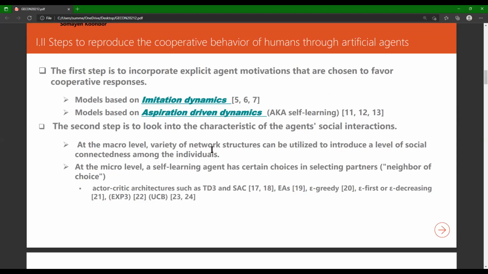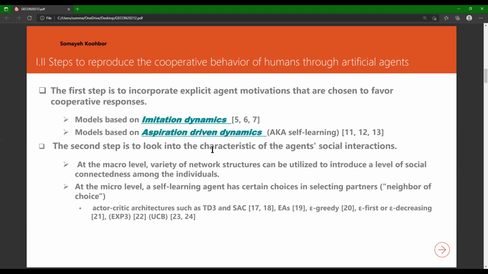But when we look at the literature, we see that there are usually two lines of research. Sometimes they're combined, sometimes not.